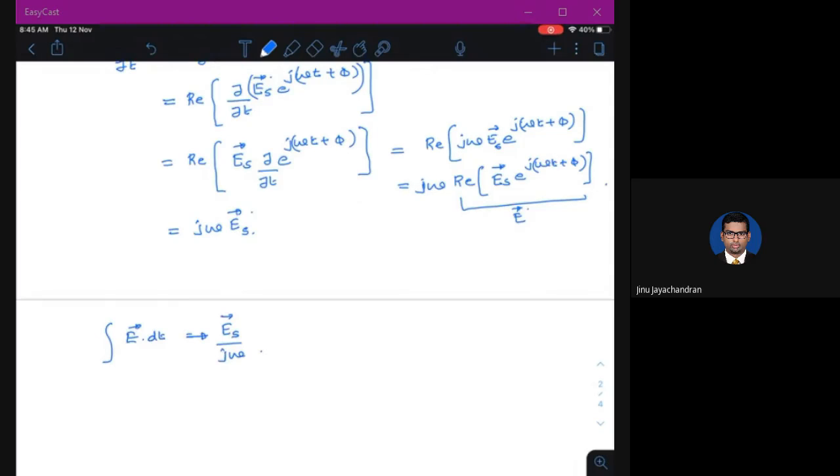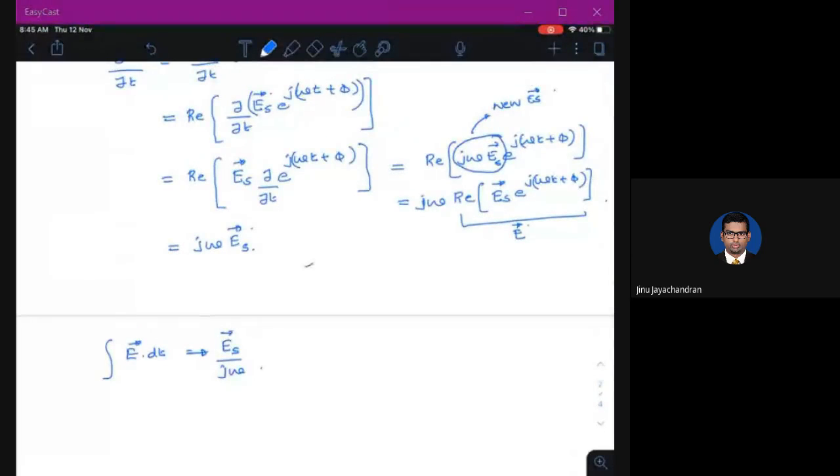So I can consider this value as my new ES. The new ES, when you differentiate, is j omega into ES.